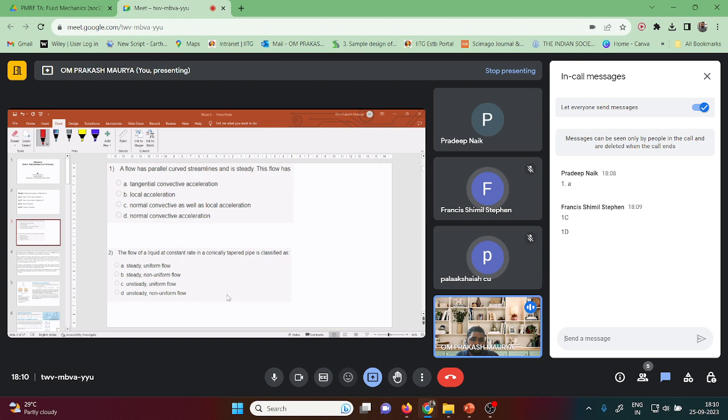I think one new student has joined. So please read the first question and give your answer in the comment box. Two students have already given the answer: Pradeep is telling option A is correct, and Francis is telling option D is correct.